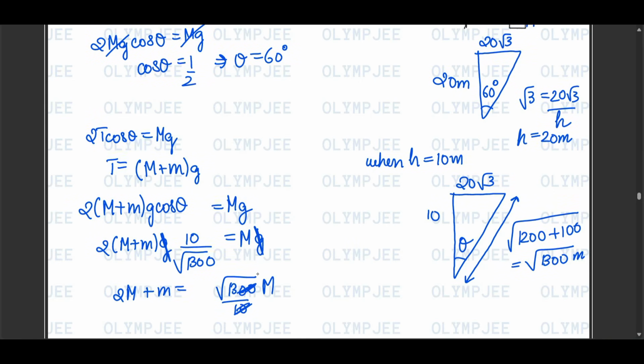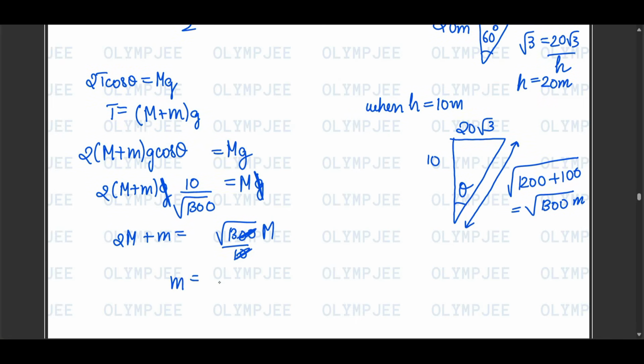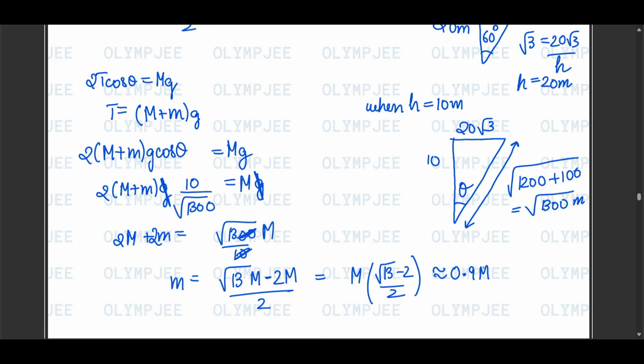So this is root 13 M, capital M. So m will be root 13 M minus 2M. Right? Sorry, this will be 2 also. So 2 here. So the final answer is M multiplied by root 13 minus 2 by 2, which is approximately equal to 0.9 times of M.